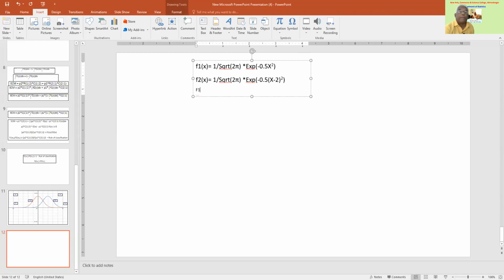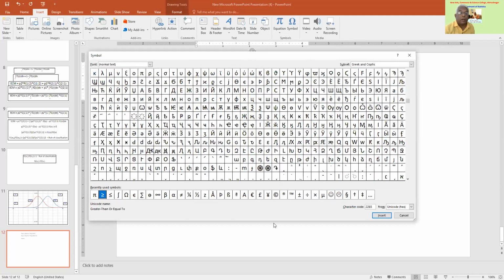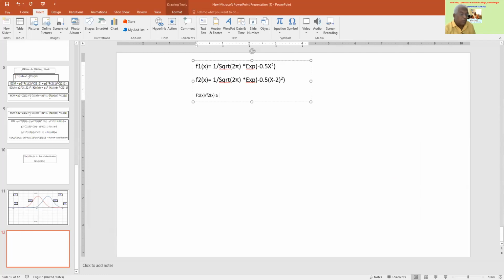Now our rule says f1(x) upon f2(x) greater than or equal to 1 implies that an observation will lie in the first population.